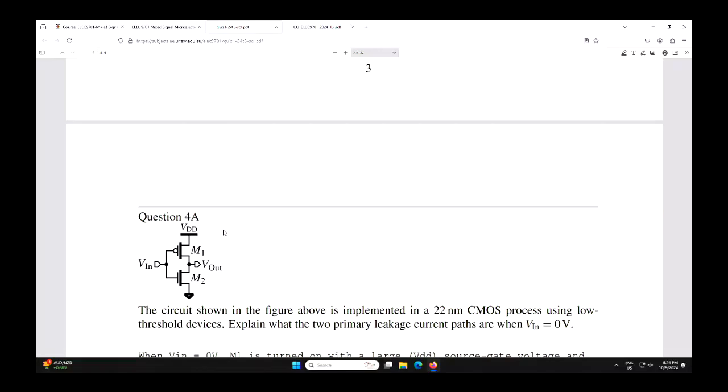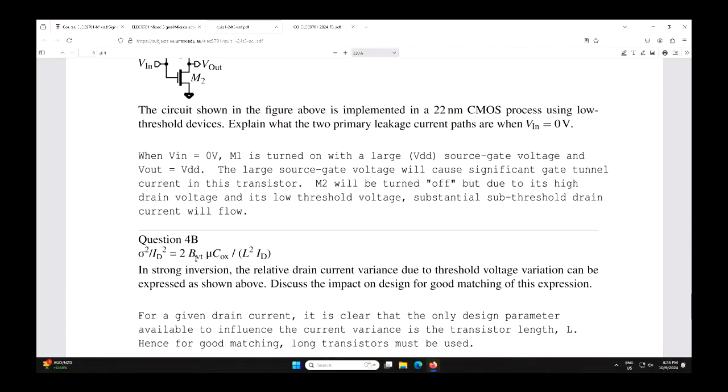There's also going to be, I didn't write this down, a leakage path between the gate of M2 and the output, the gate tunneling, but it's probably not going to be nearly as much as that one up there, because it's off, so there's no channel, so it's only going to be in the overlap area. So gate leakage in M1 and subthreshold leakage in M2 are probably going to be the most important leakage paths there.